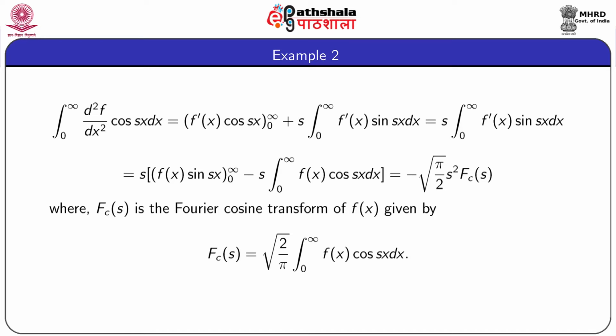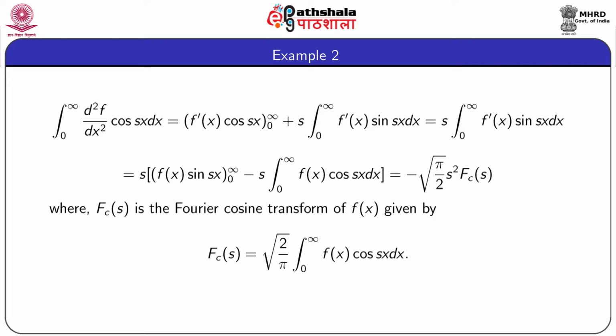This is integrated by parts to obtain s into f(x) sin(sx) between x equal to 0 and infinity minus s integral 0 to infinity f(x) cos(sx) dx. Now, from the condition given, f(x) tends to 0 as x tends to infinity, and sin(sx) is equal to 0 at x equal to 0.